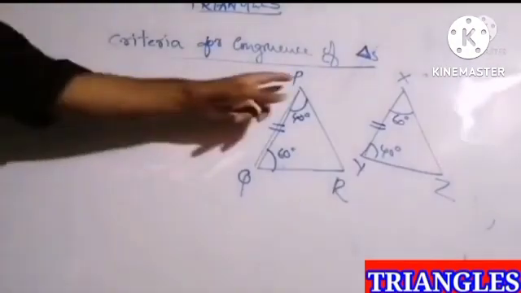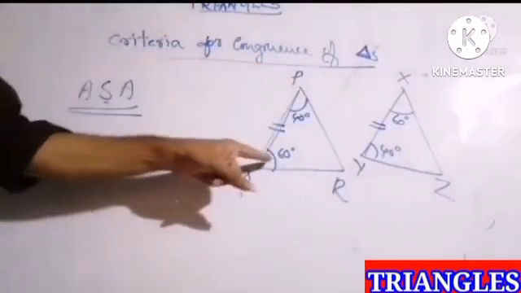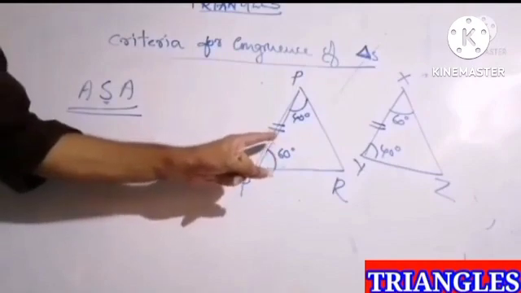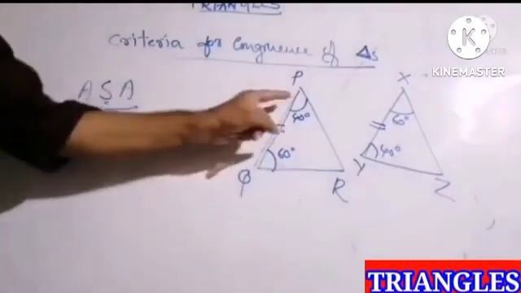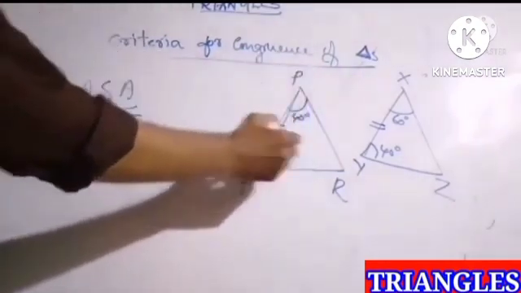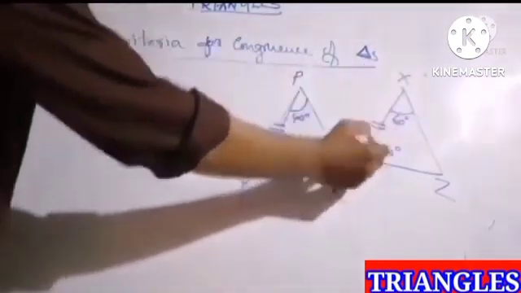So this represents ASA. From the figure you can also identify the rule ASA, because the angles are formed on the given side.